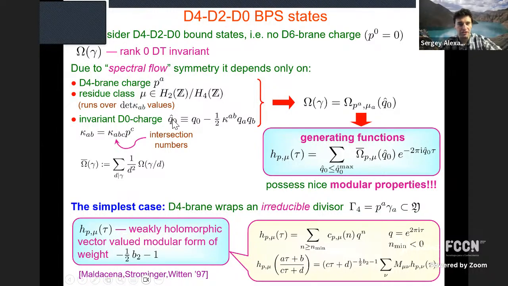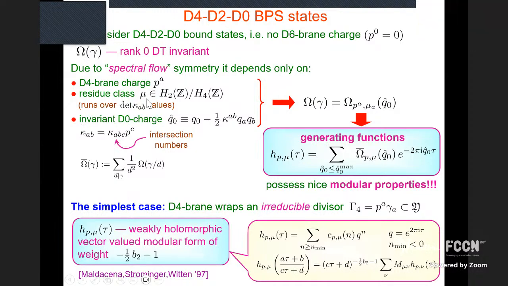So if H2 is your lattice, then H4 is the dual lattice, and the residue group is the dual lattice divided by the original lattice. And mu is then an element of this residue group.